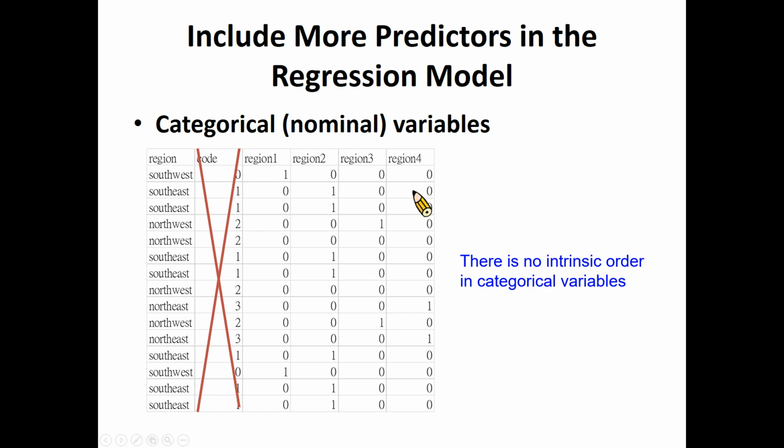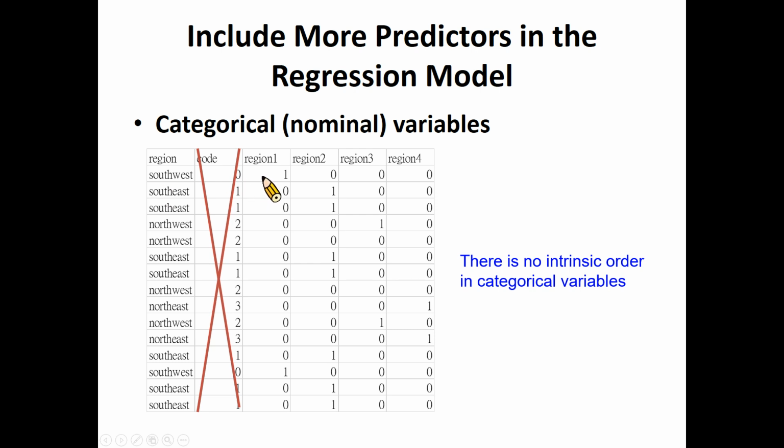Dummy variables mean that we want to test each region one by one. You probably immediately think that we have four regions, right? So we can create columns called region 1, region 2, region 3, and region 4. Region 1 could be the southwest.